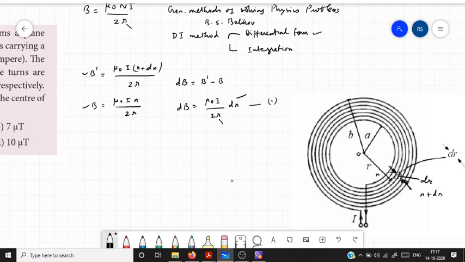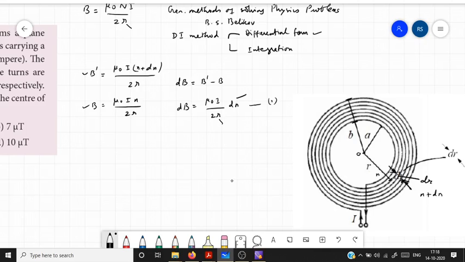So what I will do is consider the entire spiral coil, and we know that the total number of turns is n. For the total number of turns, what is the actual width of the coil? The outer radius is b and the inner radius is a.